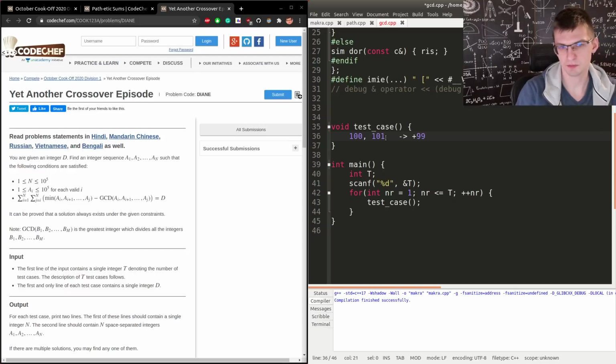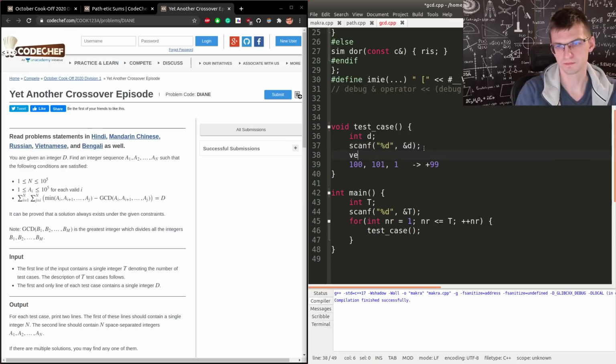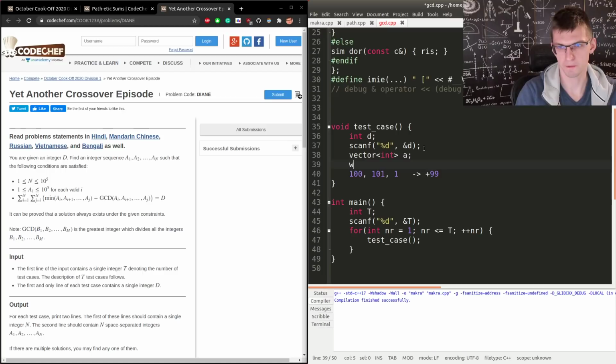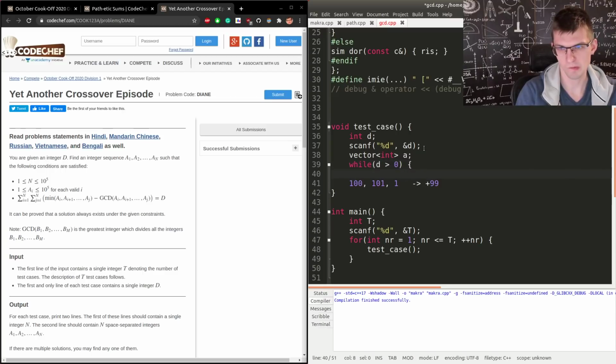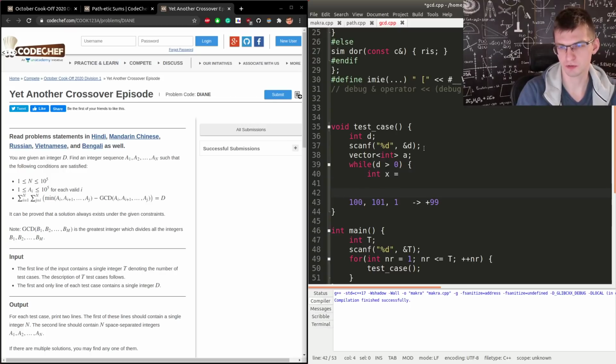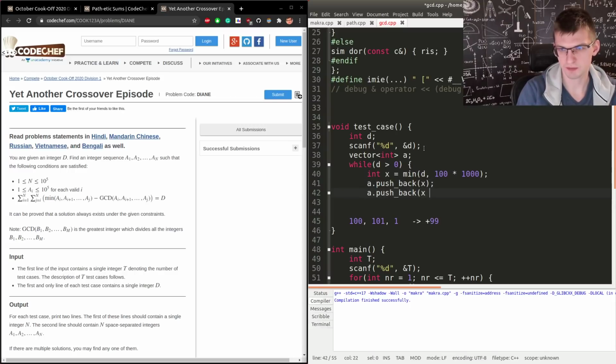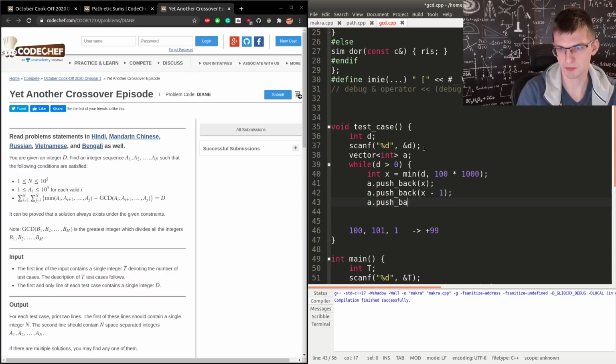Okay, then what about just using this a lot of times, separated with 1? While d greater than 0, okay, in part, so if I want to achieve x, let's say this, I would say a pushback x plus 1, maybe minus 1, a pushback 1.